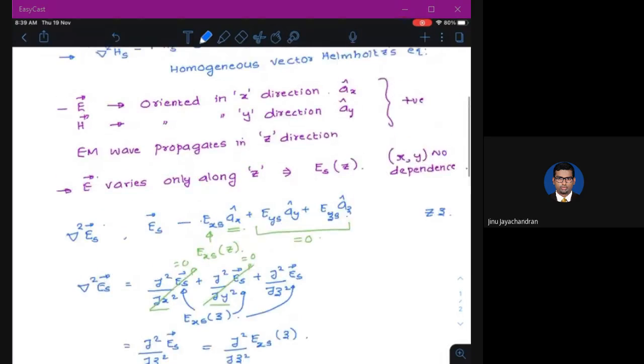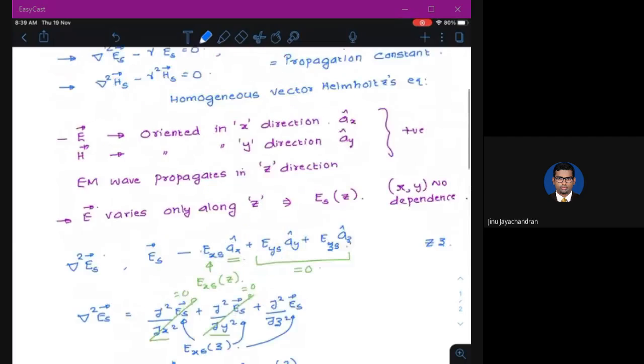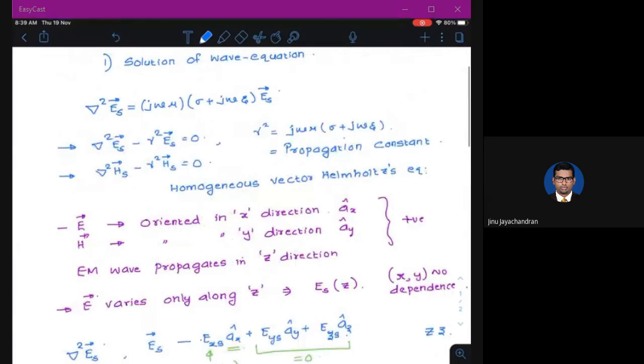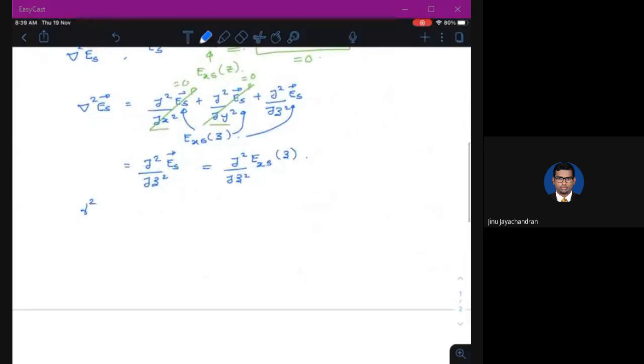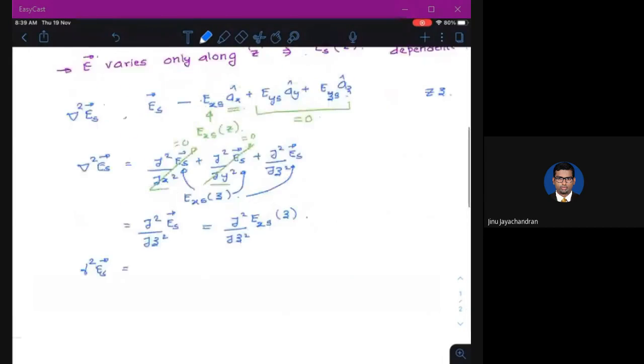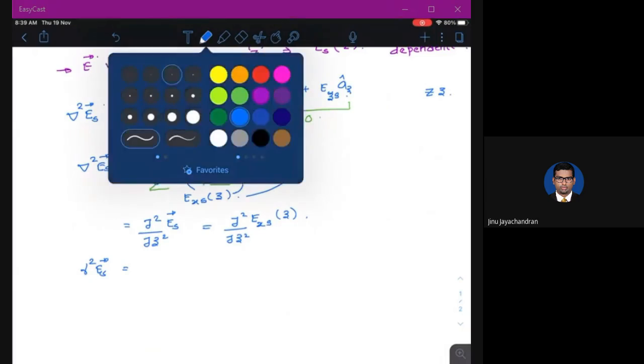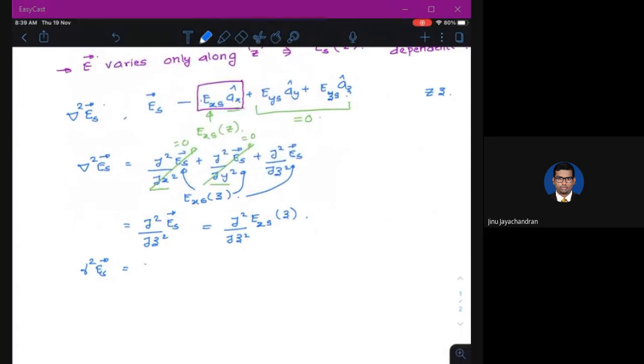Similarly, we have the next term, gamma square Es. Now Es has only one term, so I can write gamma square Es is equal to Exs of z ax cap into gamma square.